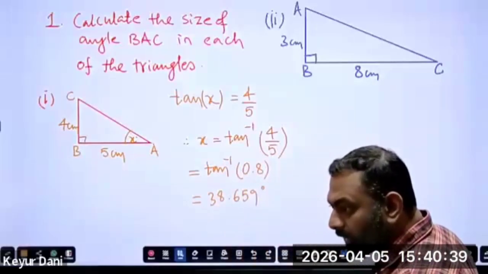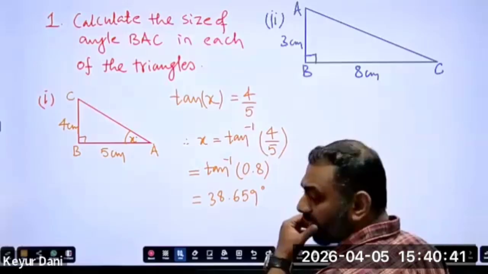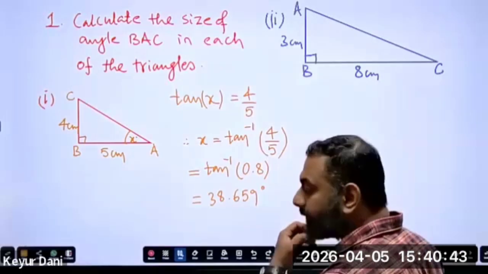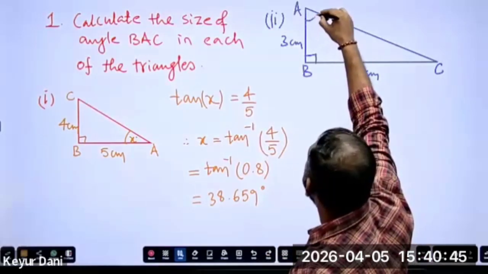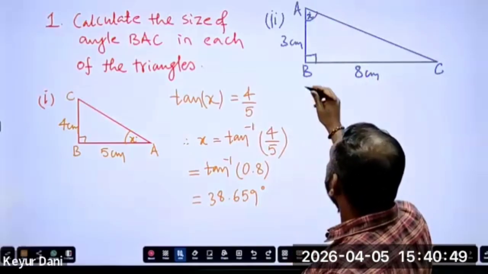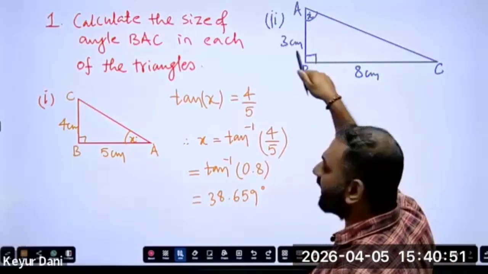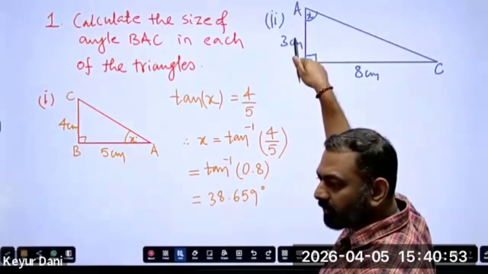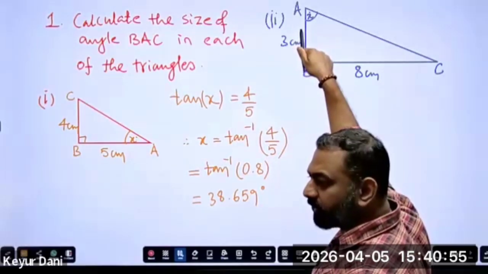20.55. No, the answer is not correct. Let me do it. Let us call this angle x. So we have the opposite side and adjacent side of this angle, right? So what are we going to use?